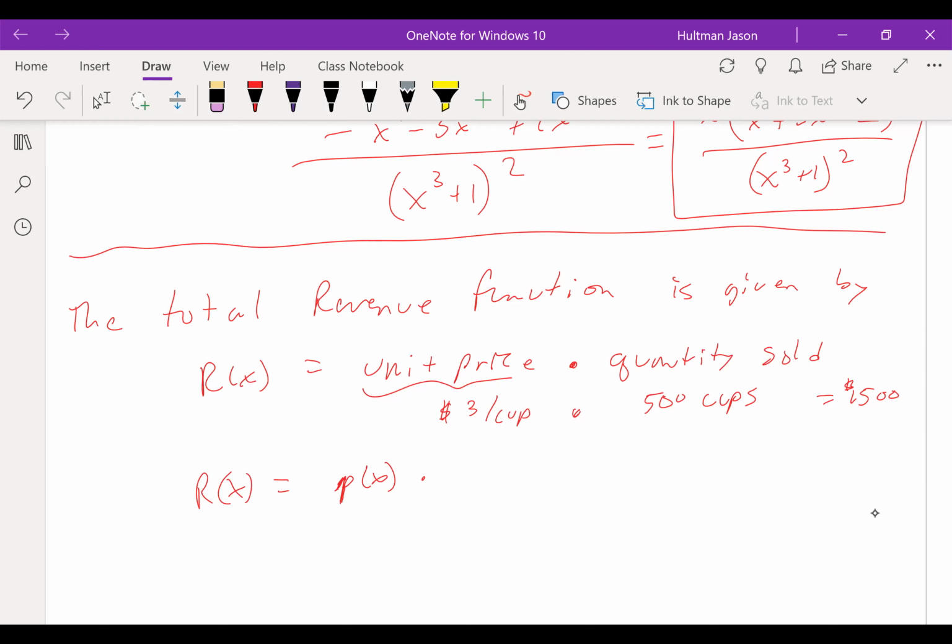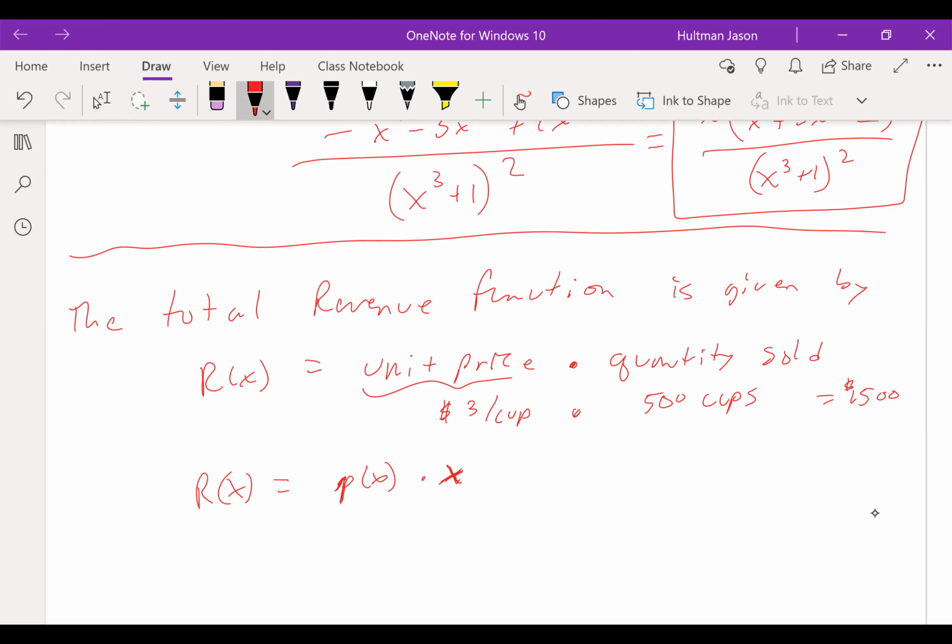X will be the quantity sold, the number of cups sold. Price for each item times the number of items.